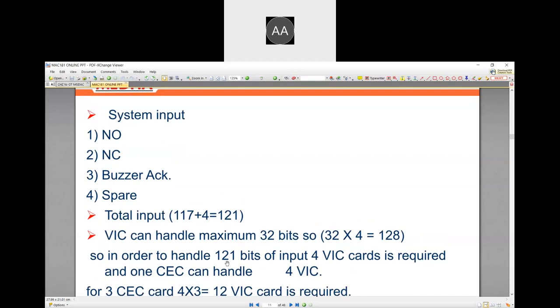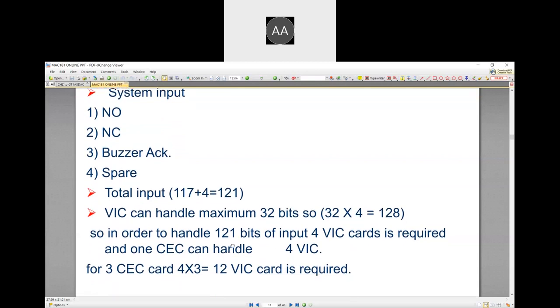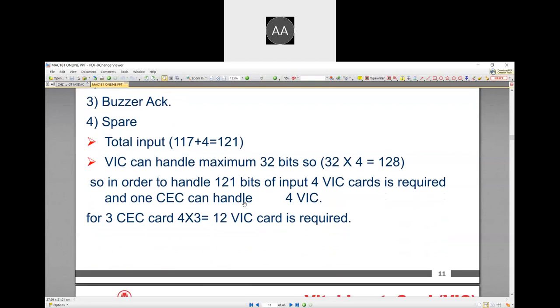As the system works as a 2 out of 3 architecture, we will be provided with 3 processor cards, and for each processor card, 4 vital input cards are required. So in total, 12 VIC cards are required in the system. I hope this is clear. Basically, we will be working on the principle of 2 out of 3 architecture.